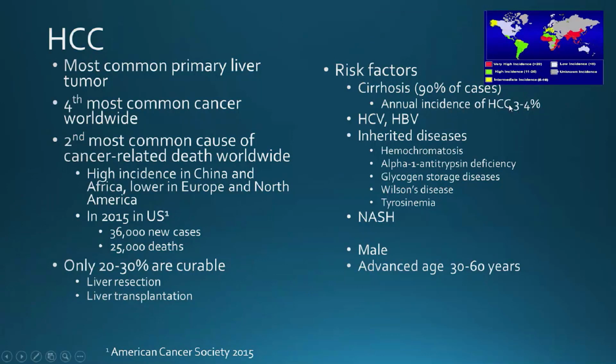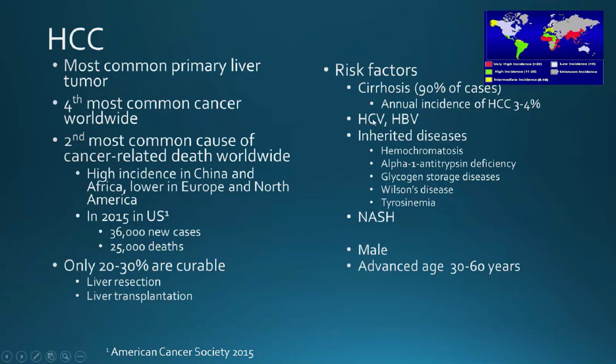And in a fair number of countries, when there is a patient with cirrhosis, they follow these patients on a regular basis with ultrasound, CT scan, or alpha-fetoprotein, with the hope to detect these tumors in earlier stages, when they have more chance of cure. As I mentioned, it is more common in patients with hepatitis C and hepatitis B virus infection.